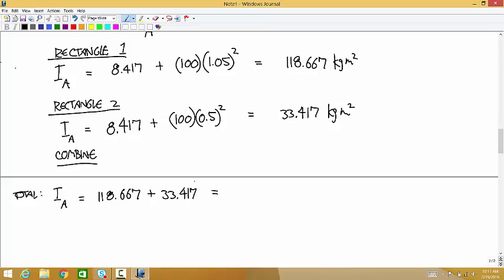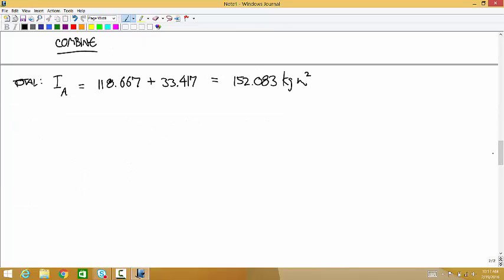What do you get? Okay, and so then the rotational Newton's second law says add up all the moments about A. That's equal to 152.083 times the angular acceleration. And once you calculate the moments, you can calculate that.